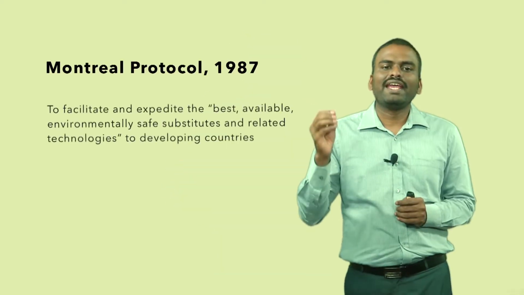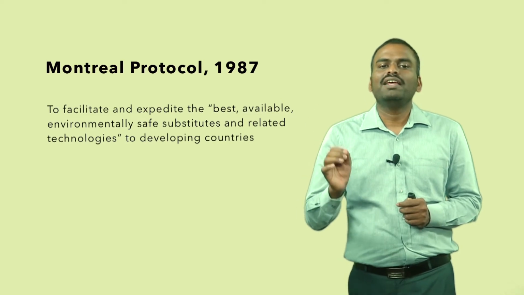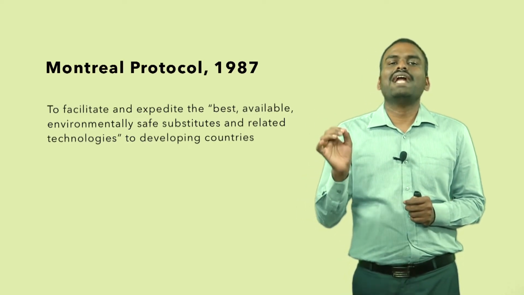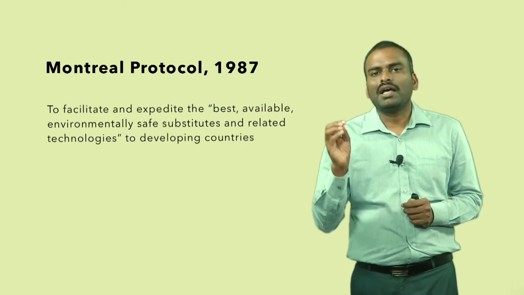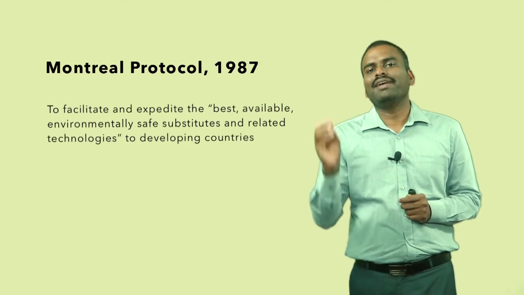It has added many ozone depleting substances, and an international multilateral fund has been created for assisting the developing countries with respect to elimination of ozone depleting substances from the day-to-day life of their population. To facilitate and expedite the best available environmentally safe substitutes and related technologies, and the same to be provided to the developing countries.